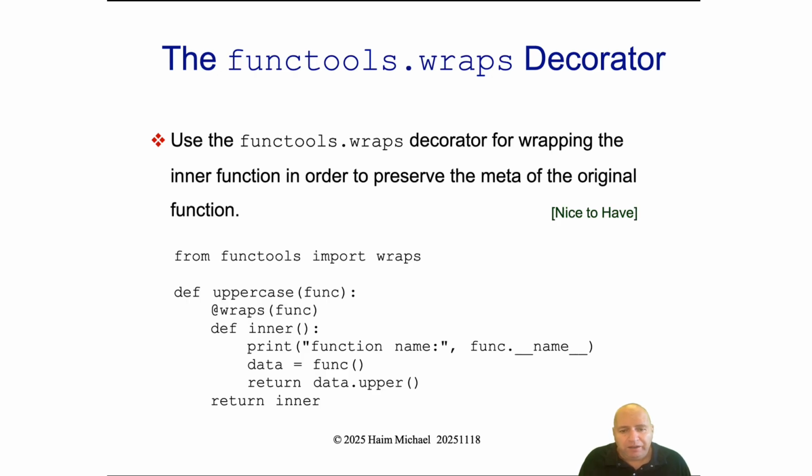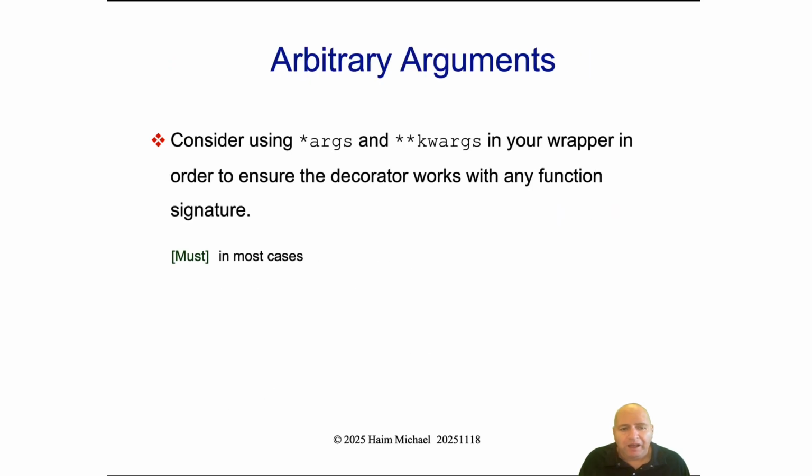That will keep your code safer and will allow you to access the metadata of that decorated function. Strongly recommended. I also, of course, recommend using the args, kwargs pattern, a well-known pattern when you define functions in Python.